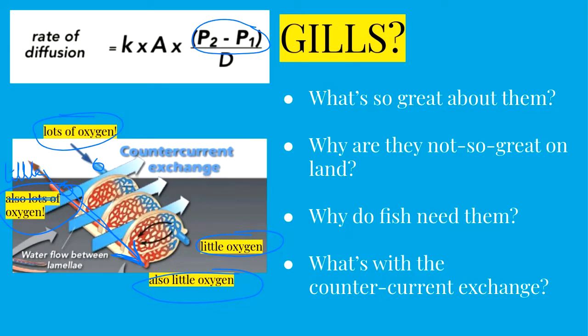So then P2 minus P1, that would be really big, right? If there's a lot of oxygen here and a little oxygen there, that would be really big. What about here then? After the water has interacted with the blood, is there going to be a lot or little oxygen in the blood? A lot.